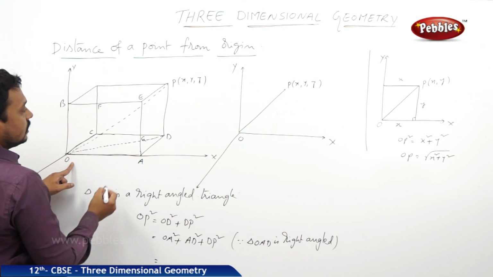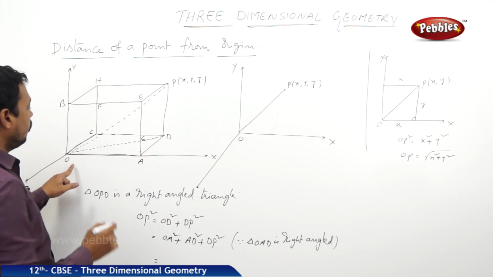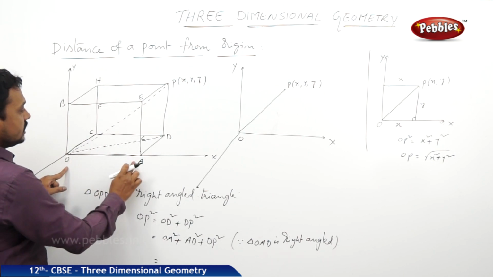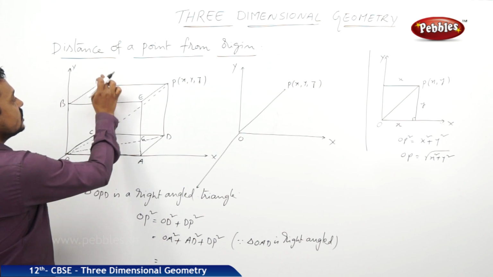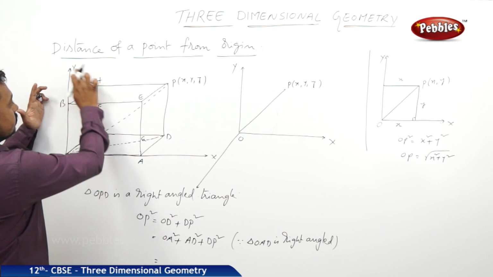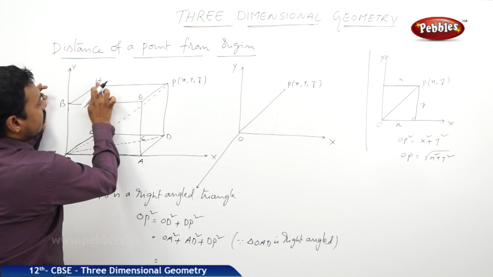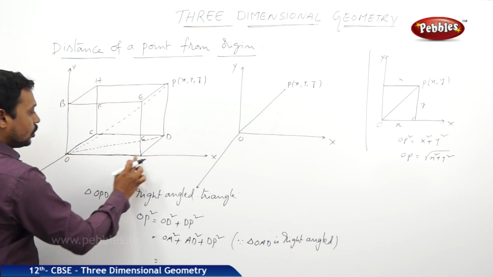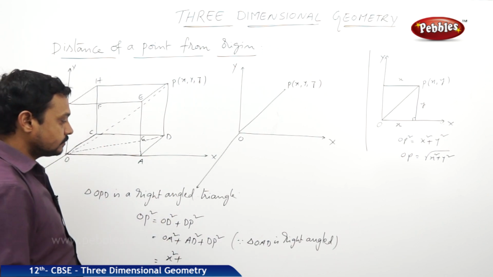This point is H. Now OA is equal to HP in cuboid. But what is H? H is the point in YZ plane. Now the point P is at a distance of x units from YZ plane. So that HP is equal to OA, that is equal to x. So that it will be x square.